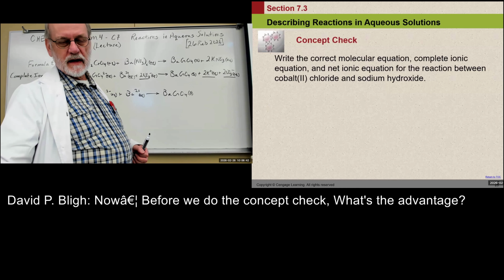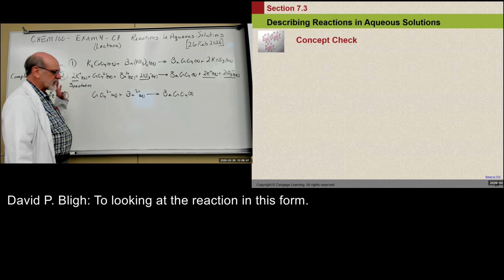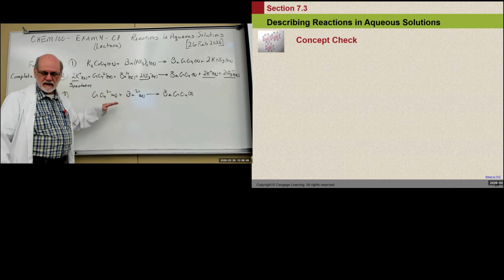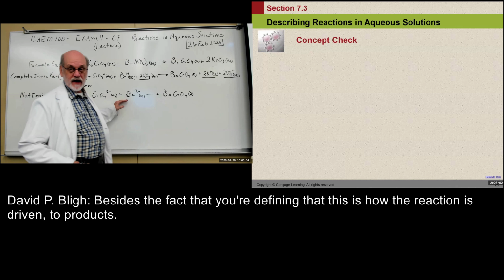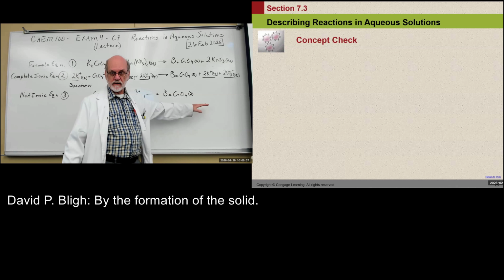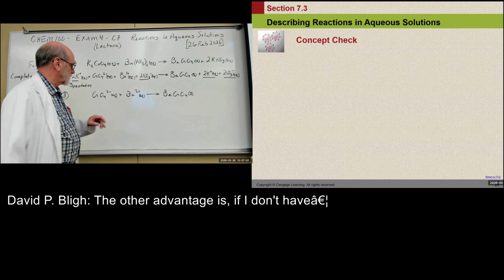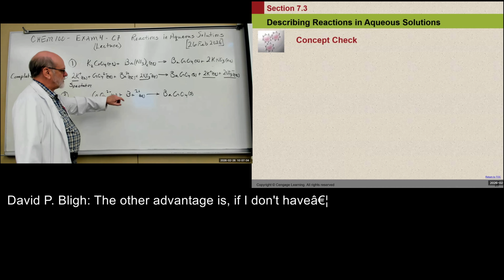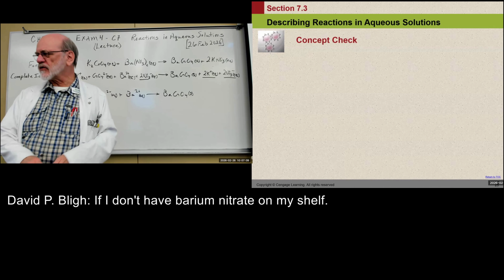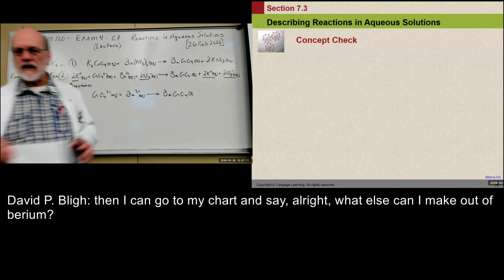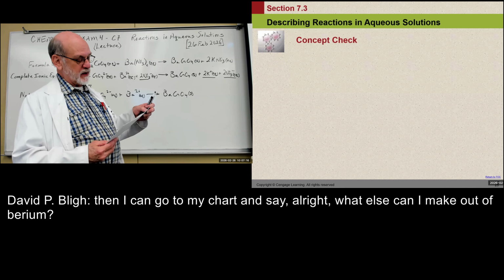Now, before we do the concept check, what's the advantage to looking at the reaction in this form? Besides the fact that you're defining that this is how the reaction is driven to products by the formation of the solid, the other advantage is if I don't have barium nitrate on my shelf, then I can go to my chart and say, all right, what else can I make out of barium?